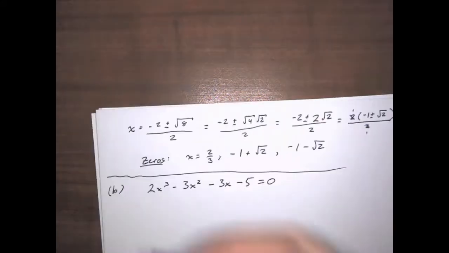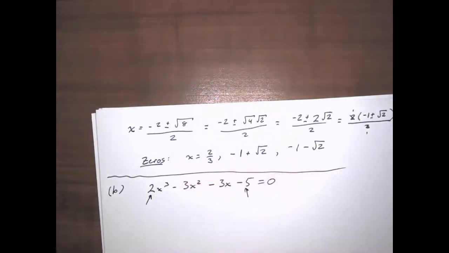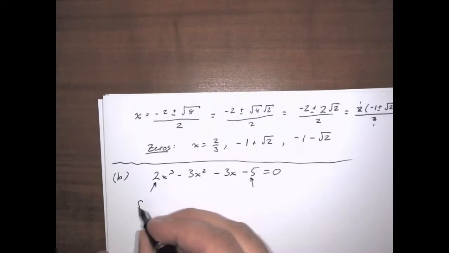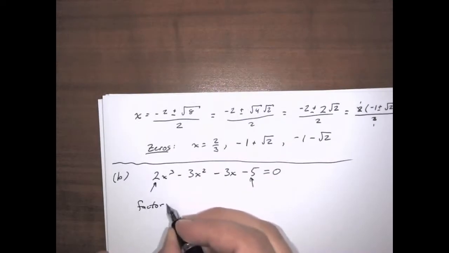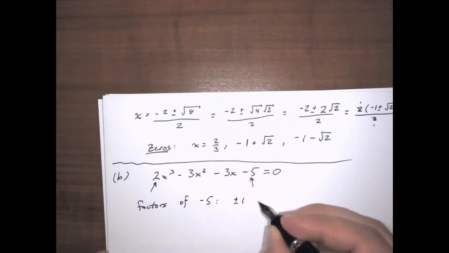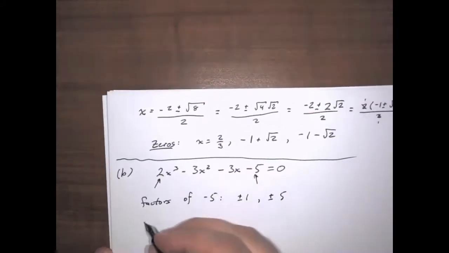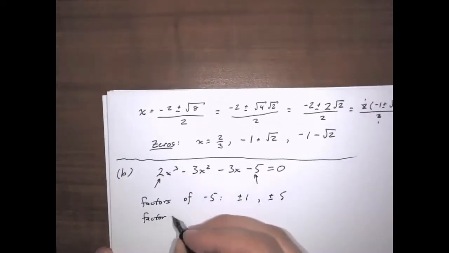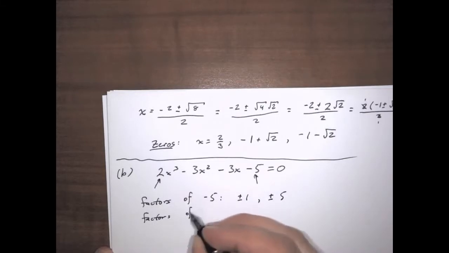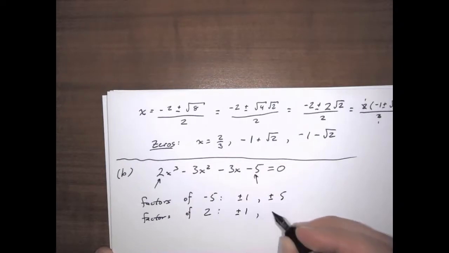So again, the two things that we're looking at are the leading coefficient and the constant term. So the factors of negative 5, that's going to be plus minus 1, plus minus 5. Factors of 2, it's going to be possibly plus minus 1, plus minus 2.